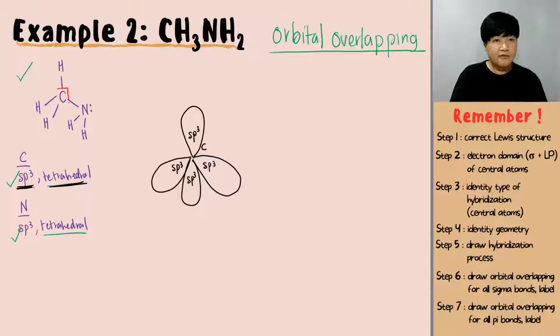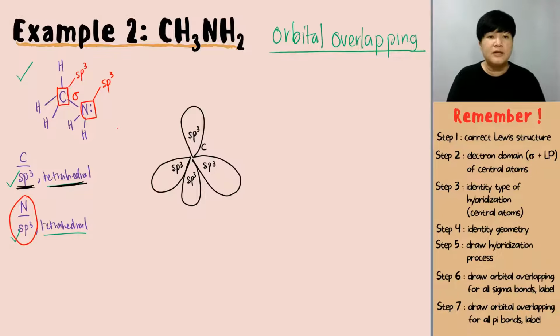And like I say, after we are done with the central atom, we need to draw for another central atom. The nitrogen also is sp3, and between carbon and nitrogen, we have a sigma. In other words, one of the hybridized orbitals of sp3 carbon and one of the hybridized orbitals of the sp3 nitrogen need to overlap end to end to form the sigma bond.